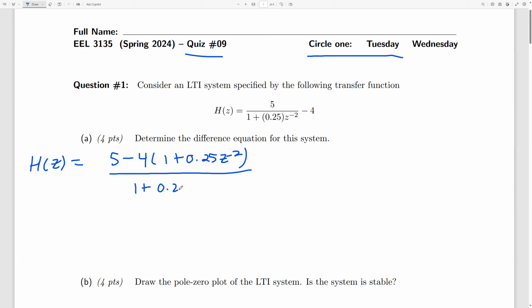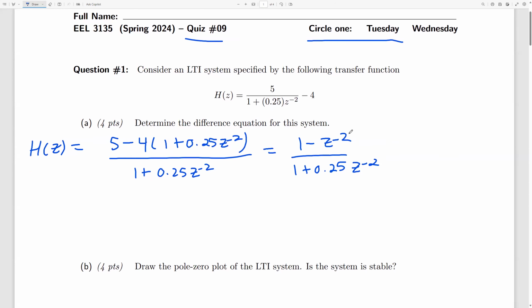In the numerator, what you'll see is this is just 1 minus 4 times 0.25. That's just minus z to negative 2 over 1 plus 0.25 z to the negative 2.